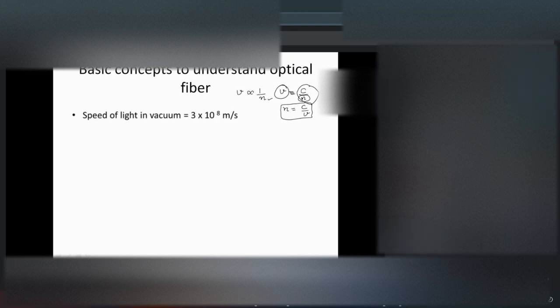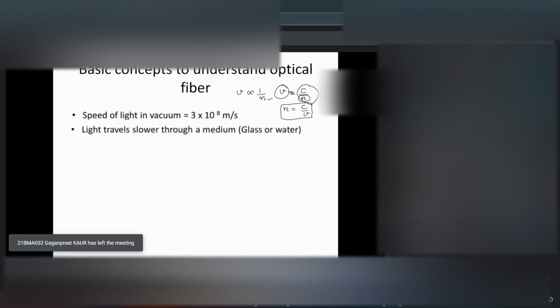So it is always less than the speed of light in vacuum, and v is always lesser. Light travels slower through a medium: the speed is maximum in vacuum, and in all other media it will be c divided by n, which is less than c, because n is always greater than 1.